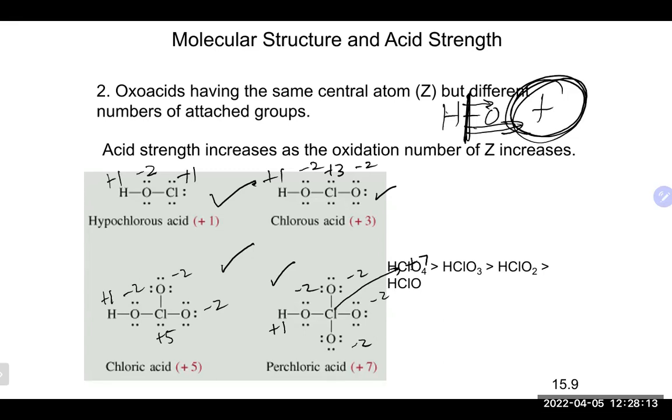And if we have different oxidation numbers of the central atom, the one with the larger positive oxidation number will be your stronger acid. Again, the whole idea is really simply the OH bond, and whatever weakens it the most is going to allow that hydrogen to be popped off a lot easier and make it a stronger acid. Any questions on acid strength?